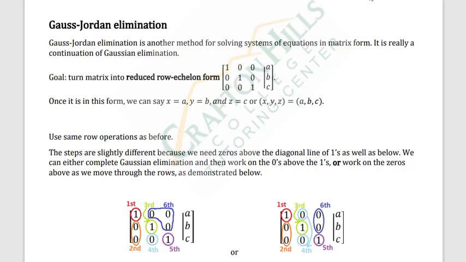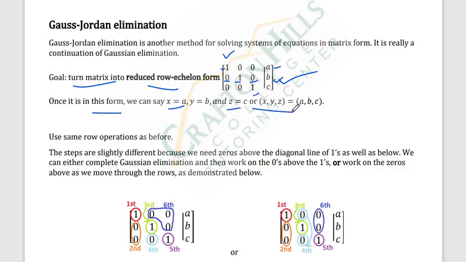As I said, turn the matrix into reduced row echelon form, like an identity matrix. Once it is in this form, 1 is the coefficient of x, so x is equal to a, y is equal to b, because all other coefficients are 0, and z is equal to c.